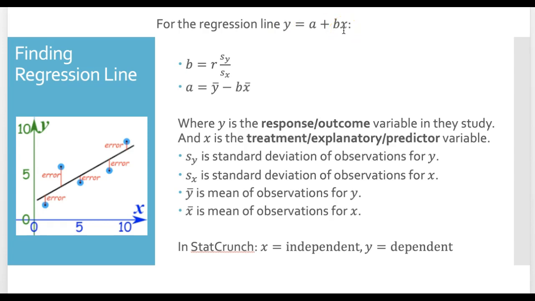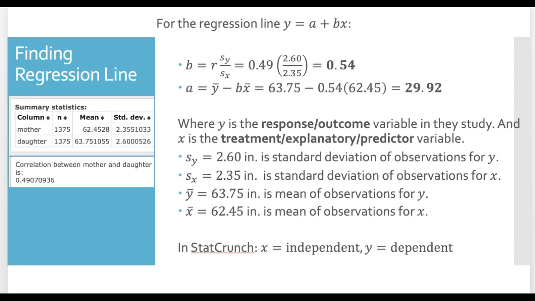Okay, let's continue here and put these to use. If I used these equations, would they add up to what StatCrunch gave us previously? Here I did summary statistics for mother and daughter heights.